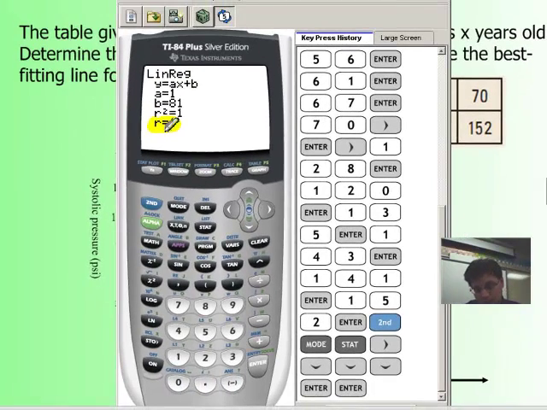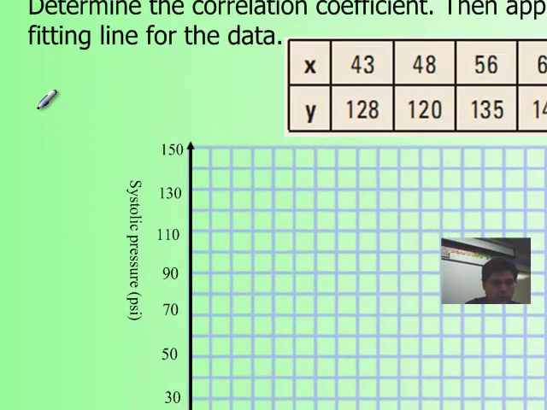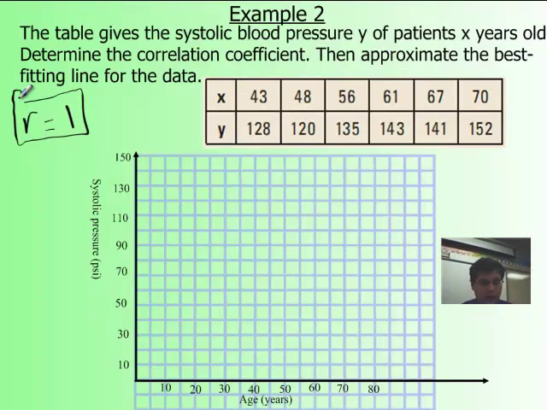So when we plot these points, it should look something like that. So our r value, we said, is equal to 1. Okay, so we have that, and that's an exact one using the calculator.